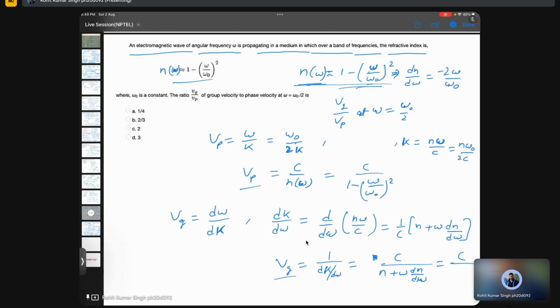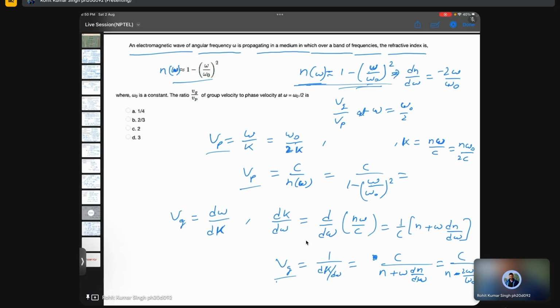So now you will get n minus 2 omega by omega naught finally. And then you take the ratio group velocity by phase velocity. Or what else you can do is you can also calculate these quantities at omega equal to omega naught by 2.